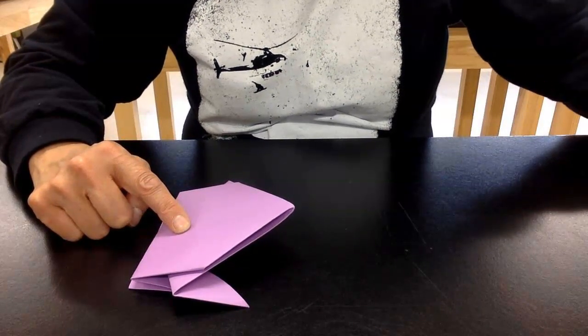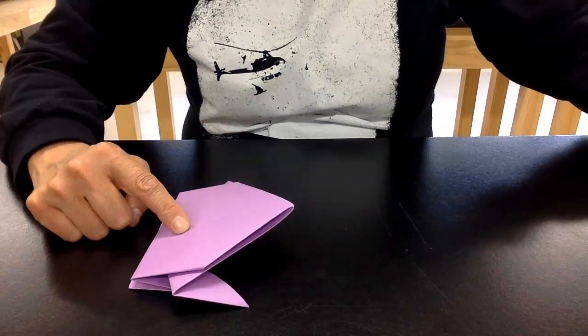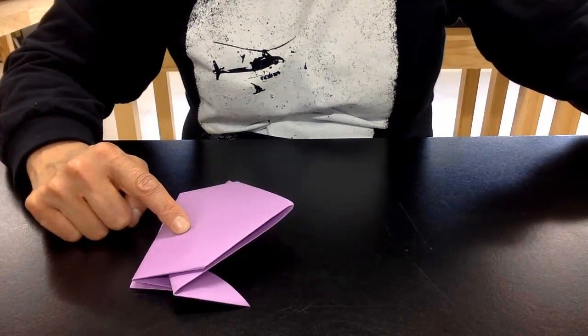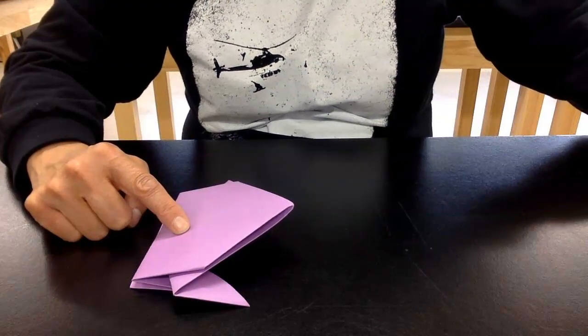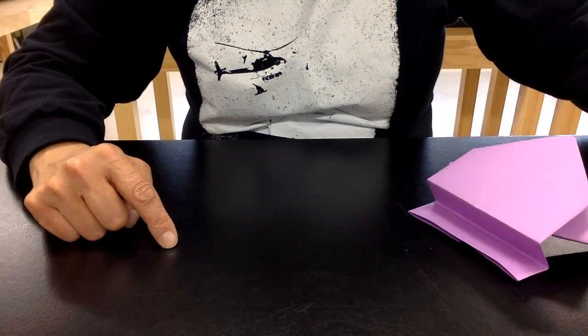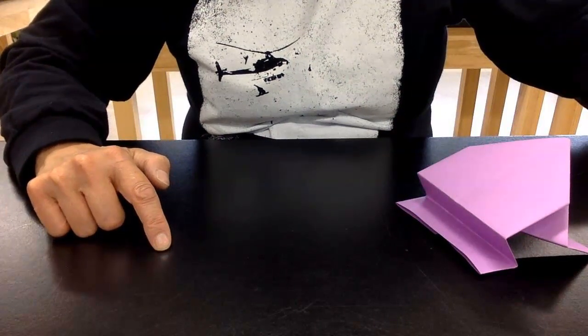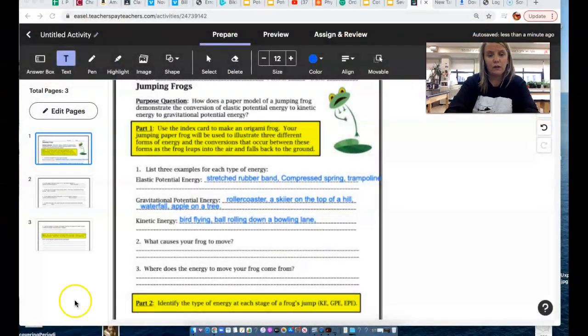When I let go, that potential energy is going to convert into another type of energy. What type of energy is that? What is the energy of movement? So I push down, I let go, my frog moves due to stored potential energy transferring into kinetic energy.